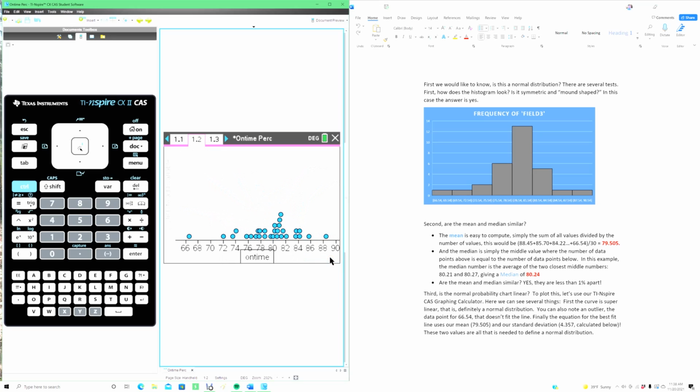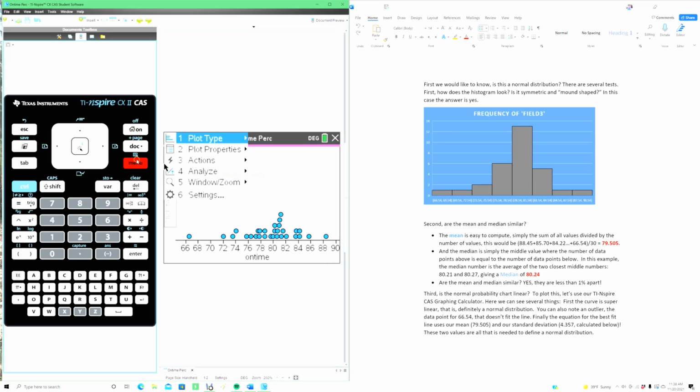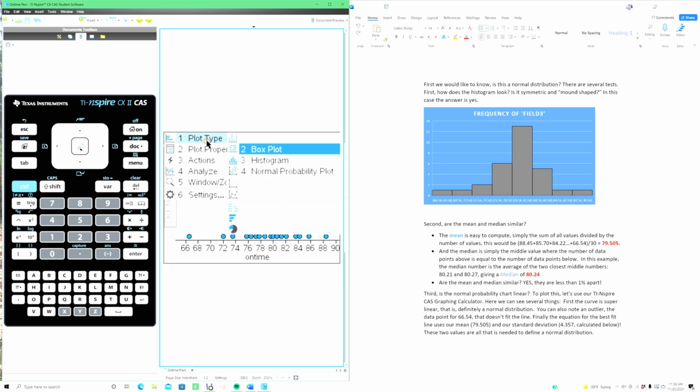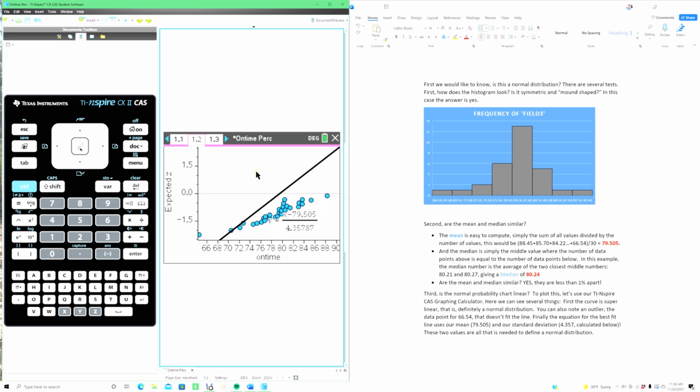Click that, and it comes up with a dot plot, which is similar to a histogram. But we want a normal distribution probability, so we will click on Menu, Plot Type, Normal Probability Plot. And that's our result. As you can see, our result is very linear. This is a normal distribution.